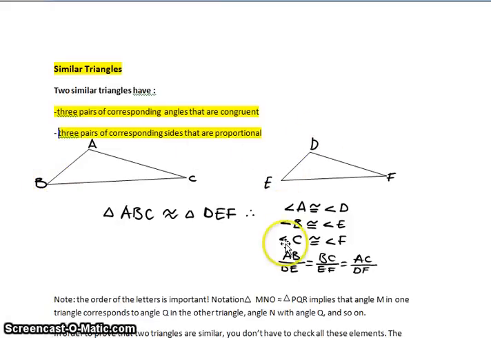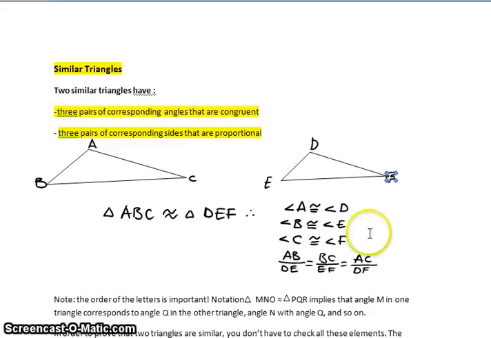So when I write the fact that the sides are proportional, a first ratio is made by sides AB and DE. Then BC and EF, because side BC corresponds to side EF in the other triangle, as they are both opposite to corresponding angles, and sides AC and DF are corresponding as well.